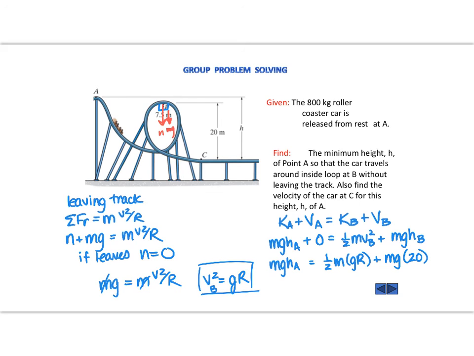All right, so we're going to eliminate mass, divide by g, and h_A can be expressed as 1/2 r plus 20, and so that ends up to be 7.5 over 2 plus 20, which is equal to 23.75. And there we go. Well done. Hopefully that helps, and see you next week.